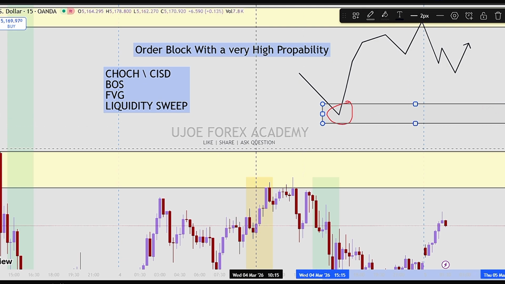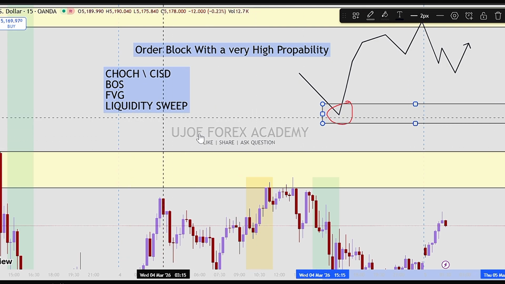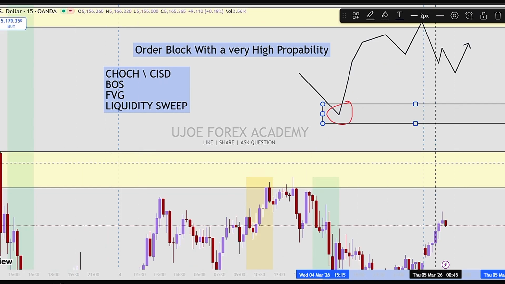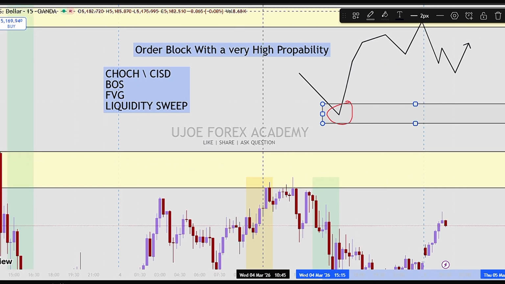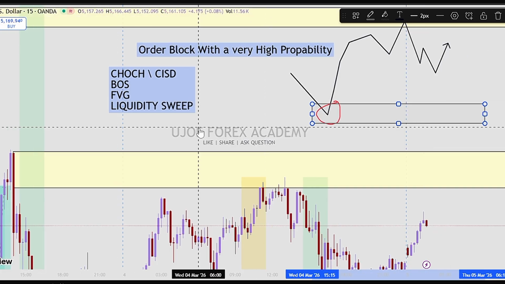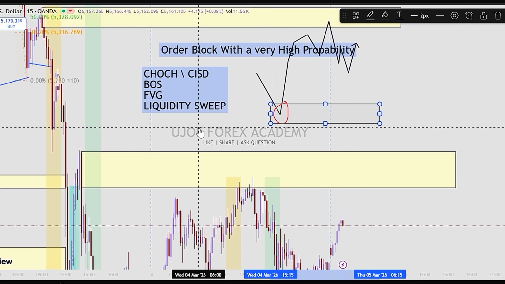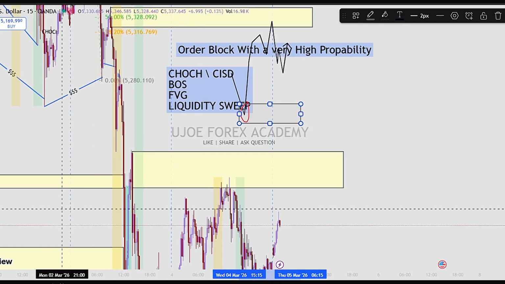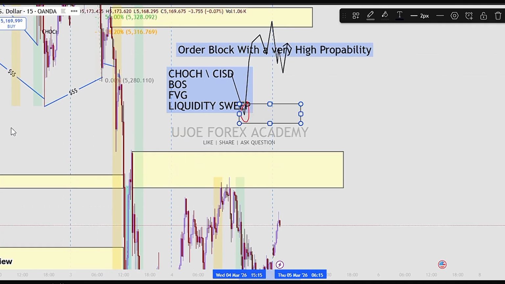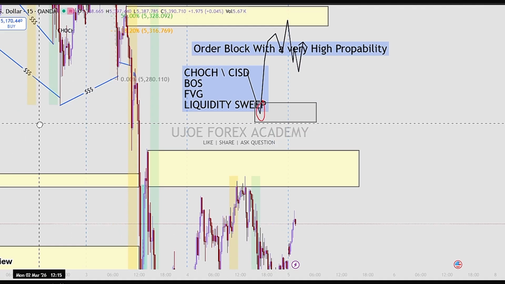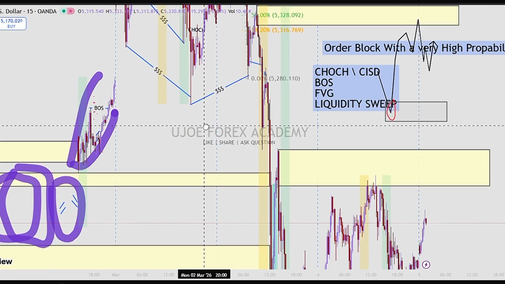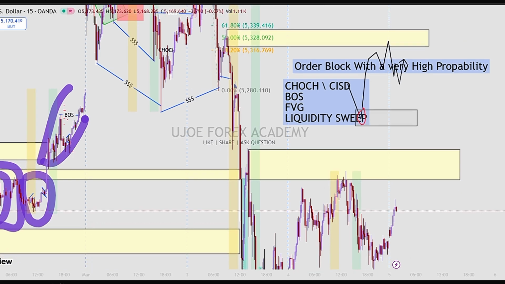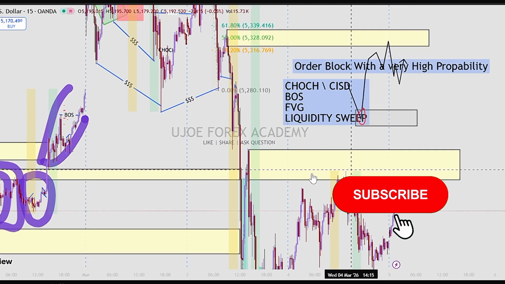As you can see, you have this cream-like rectangular structure here, and you have it here as well. If I keep reducing my chart, you see lots of these rectangles. These are simply my zones. I marked them out because once price gets there, it tends to react. You can see price got to this one and reacted.